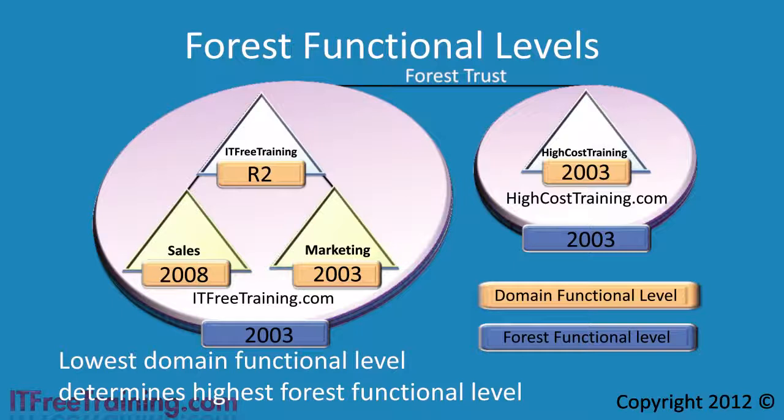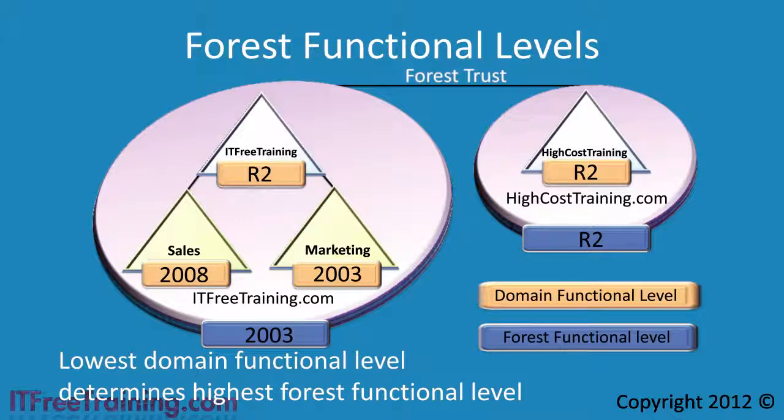All we need to do is upgrade all the domain controllers in the domain to Windows Server 2008 R2. Once done, the domain functional level is raised to Windows Server 2008 R2. Once that is done, we raise the Forest functional level to Windows Server 2008 R2. Easy. The ITFreeTraining Forest is a little bit more difficult.